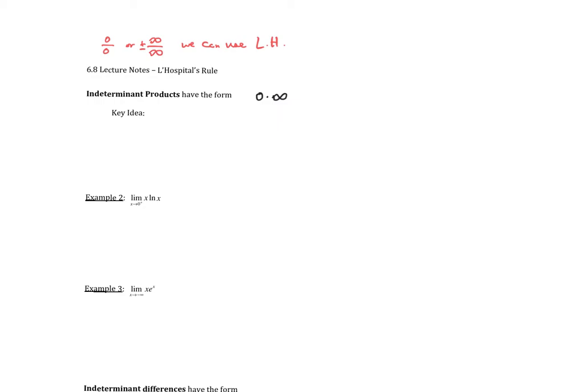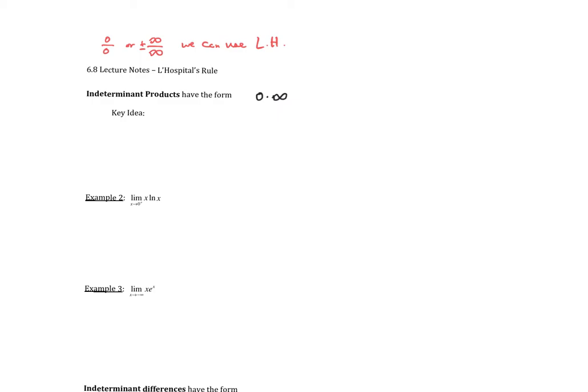And this product also doesn't really make sense. Which goes faster? Does the first part go to 0 faster, or does the second part go to infinity faster? It's sort of like a race to see how those speeds relate to each other.